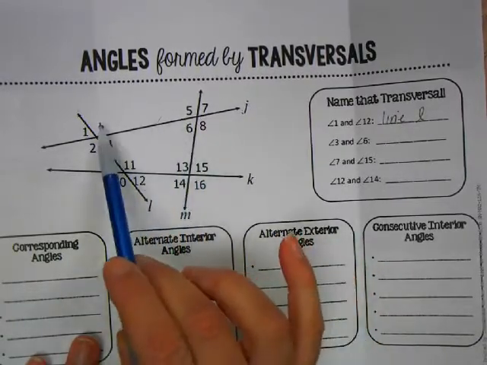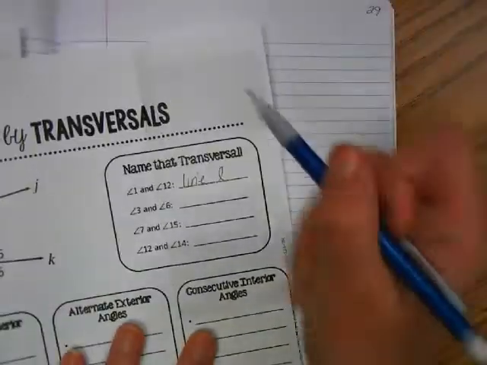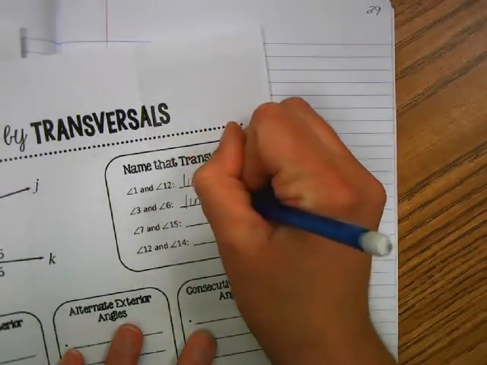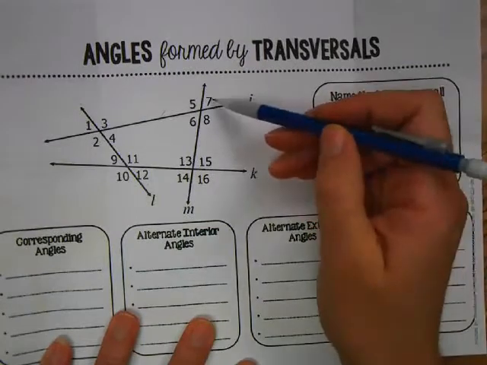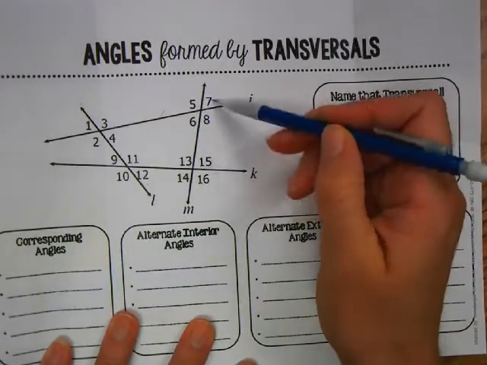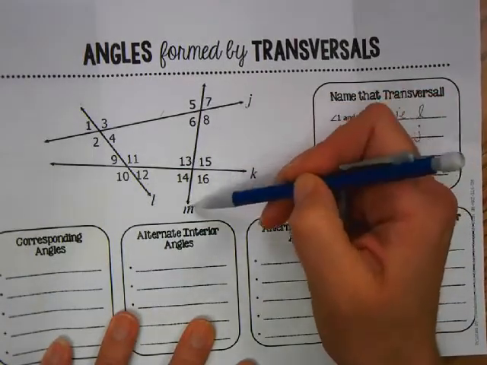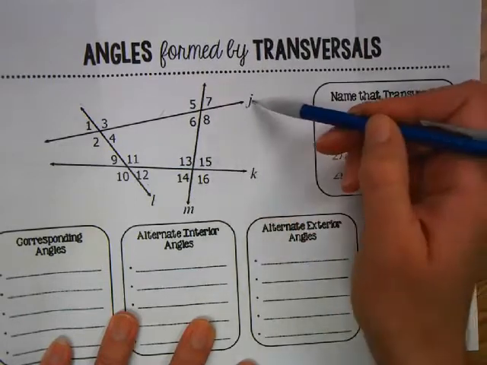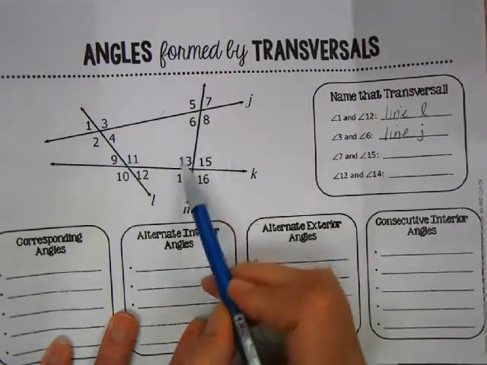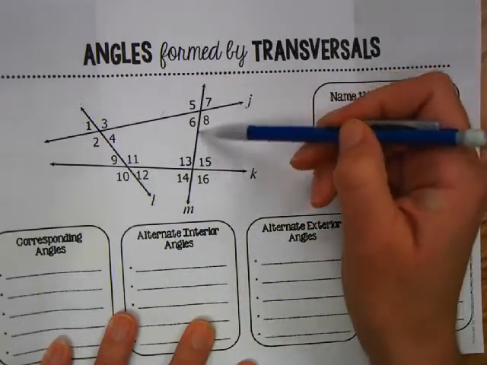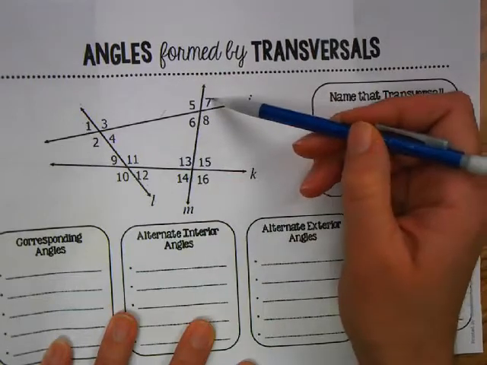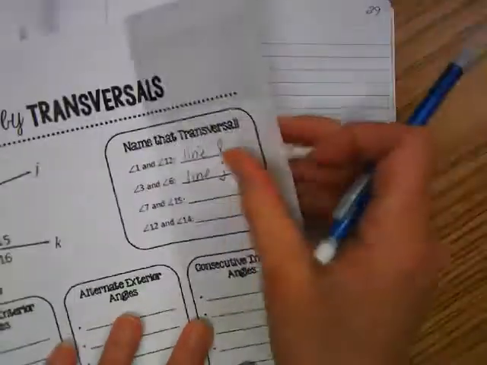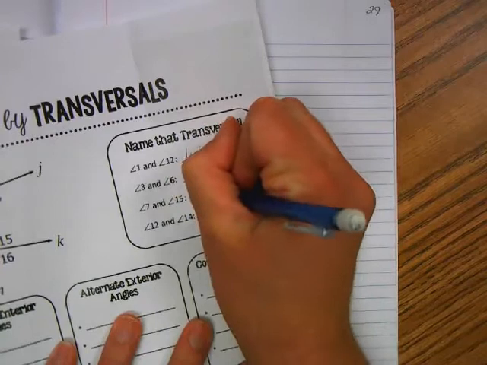So 3 and 6 are formed by line J. And then locate 7 and 15. Angle 7 and 15 are formed by transversal M, because J and K would be your two coplanar lines, and line M intersects them at two different points to form angles 7 and 15. So line M.